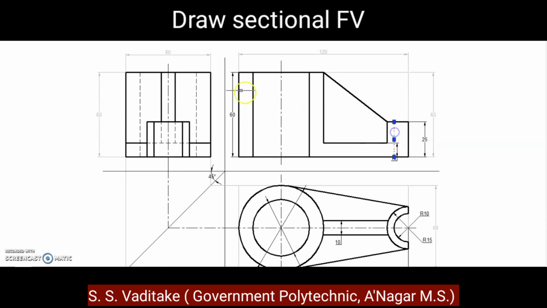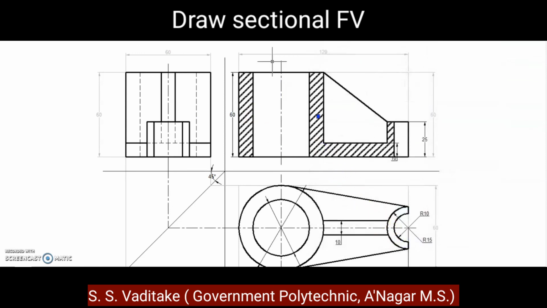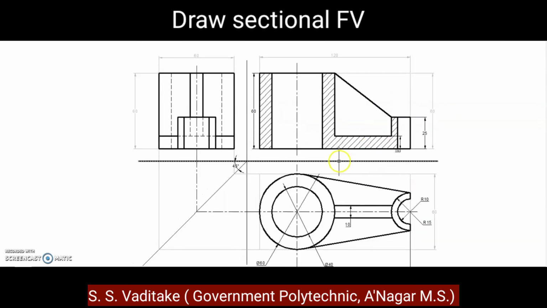Now draw this line as a regular line, thus in this portion we have to show the hatching line. So draw the hatching line, means the lines inclined at a 45 degree. So this is a sectional front view.